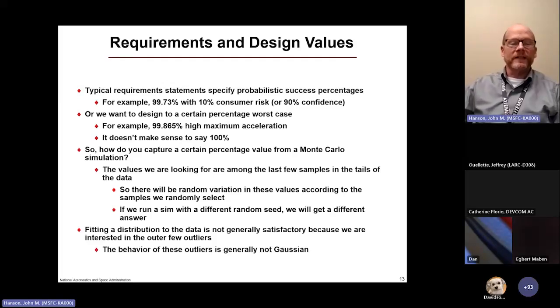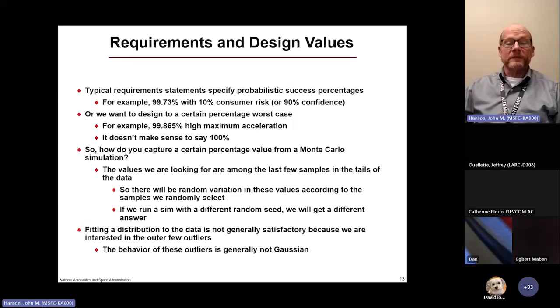If you're only interested in one end of the distribution, like the worst performance, then 99.865 would be the 3 sigma Gaussian number. But there's nothing magic about 99.73. It's just typically used because we want a very high likelihood of success.